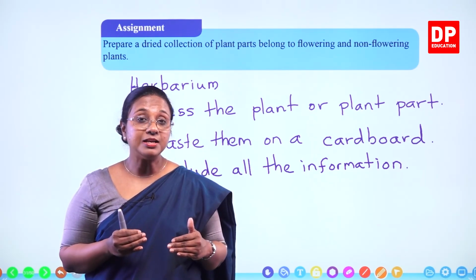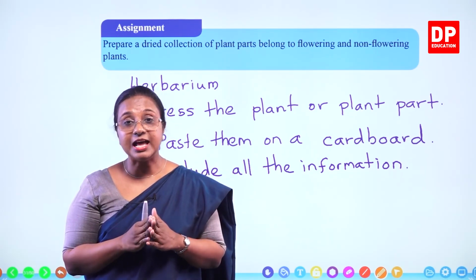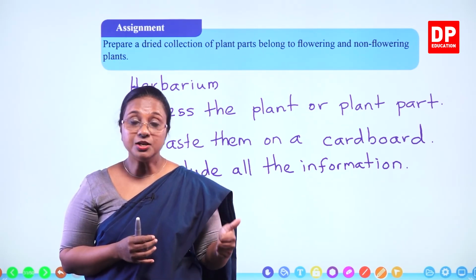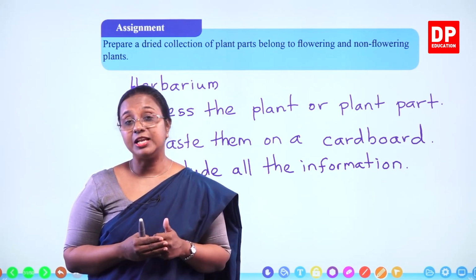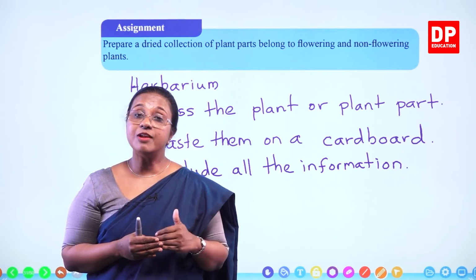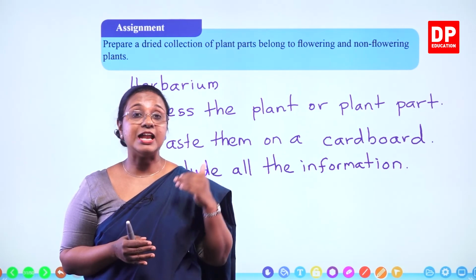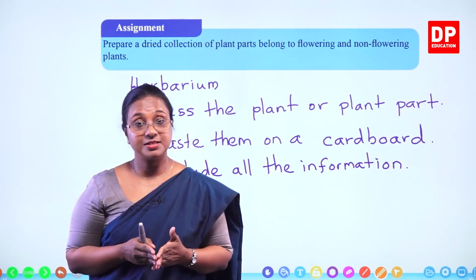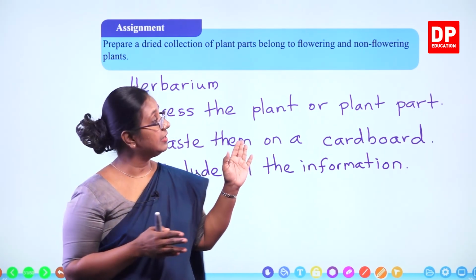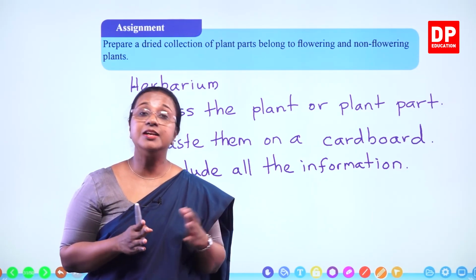Under kingdom Plantae, we mainly divided plants into 2 types: non-flowering plants and flowering plants. The non-flowering plants were divided into non-flowering seedless plants and non-flowering seed plants. Under flowering plants, we discussed the monocots and dicots.